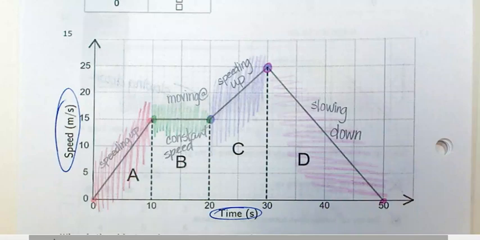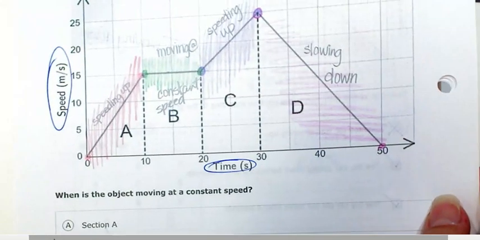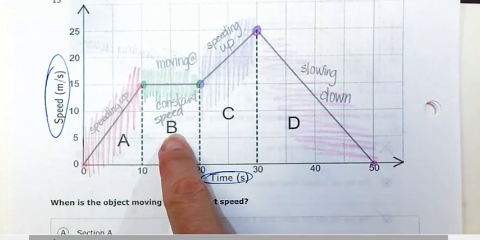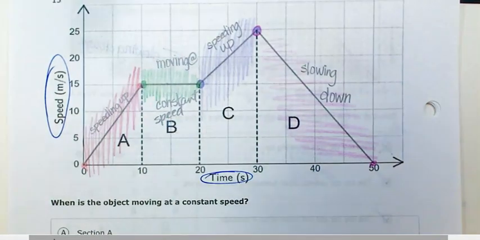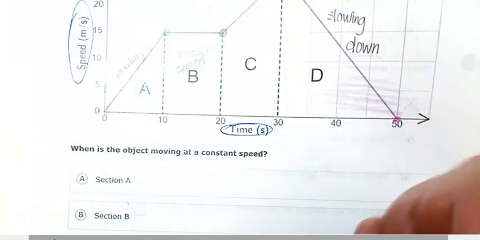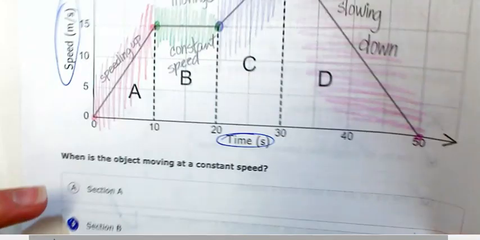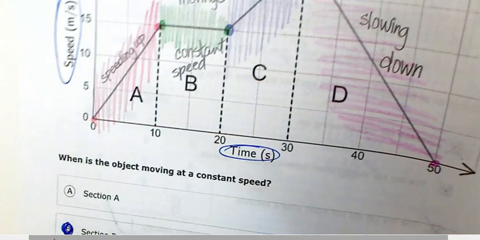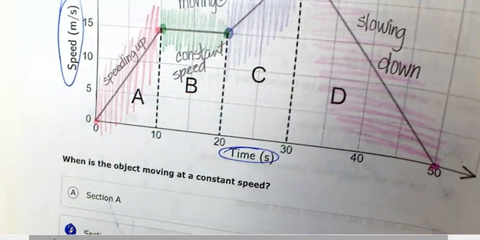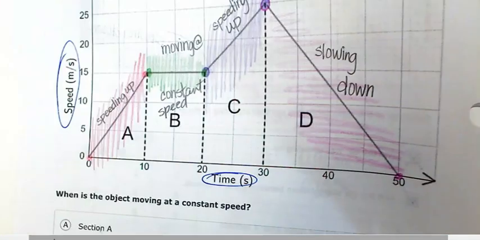Okay, when is the object moving at constant speed? All right, so that's the question. Well, we've identified that it's during section B. Because section A, we're speeding up. Section C, we're speeding up. Section D, we're slowing down. The only time we're moving at a constant speed is section B.